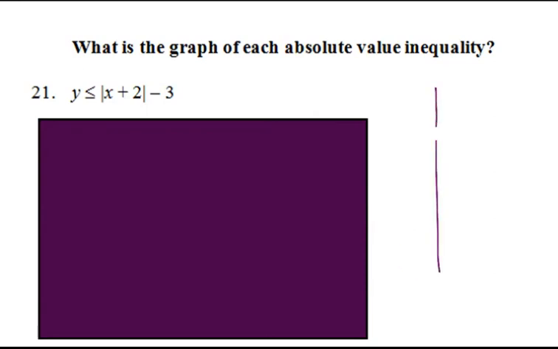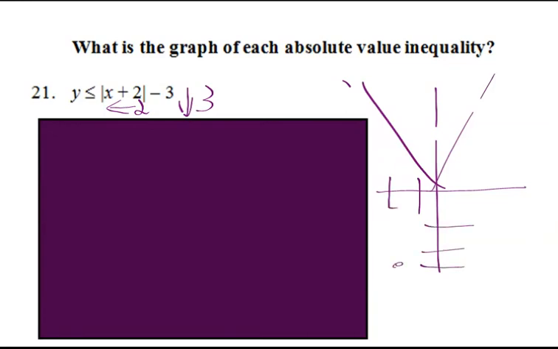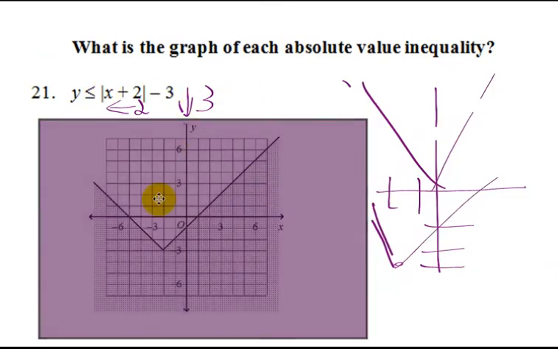So it means we are taking the graph and shifting it to the left 2 and down 3. So our new vertex is going to be down there, and it's going to look like this.